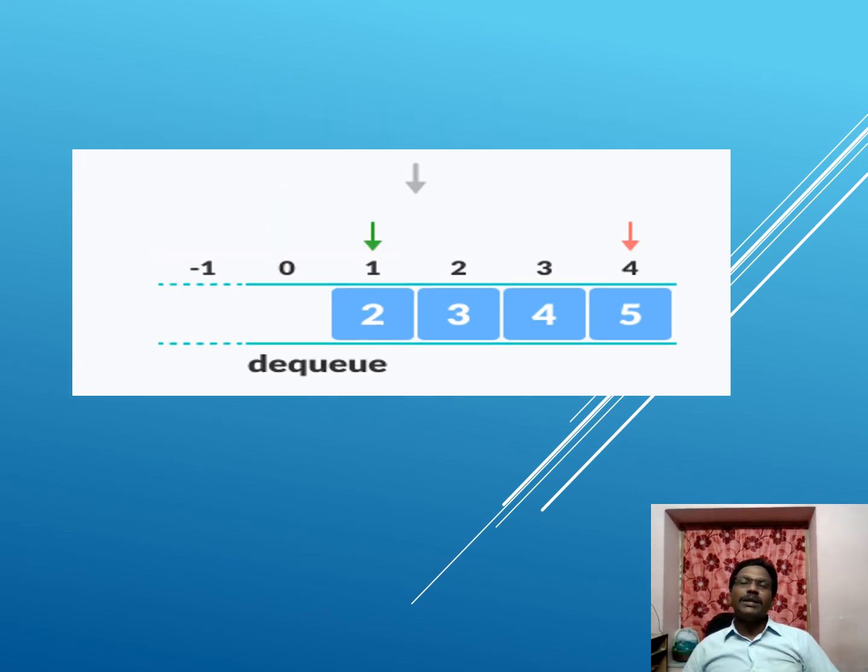When we perform a delete or DQ operation, the front position moves. In this case, I perform the DQ, so the first element is removed and the front position moves to the next position, which is index 1, the value 2.